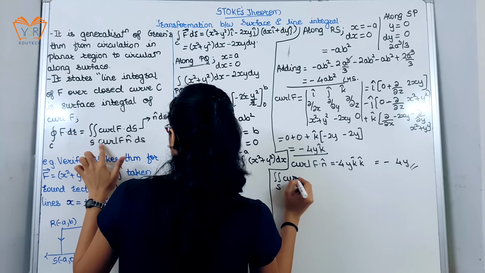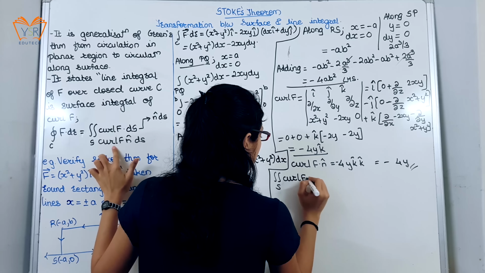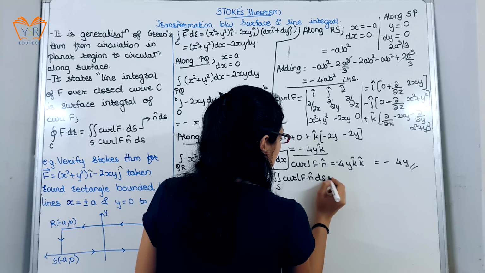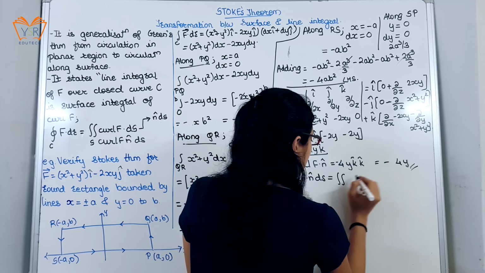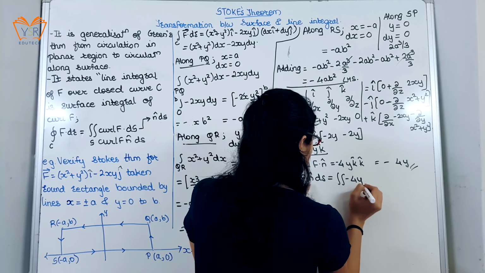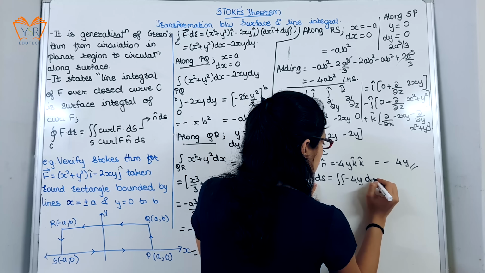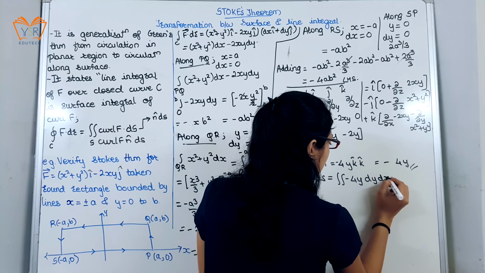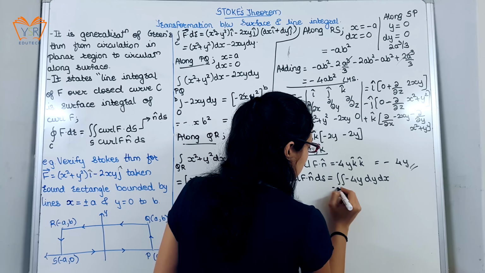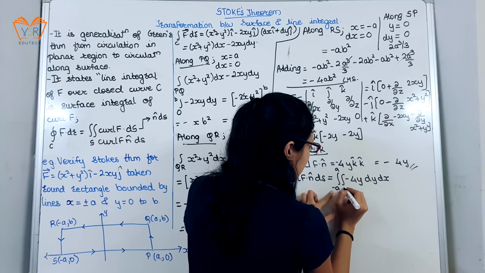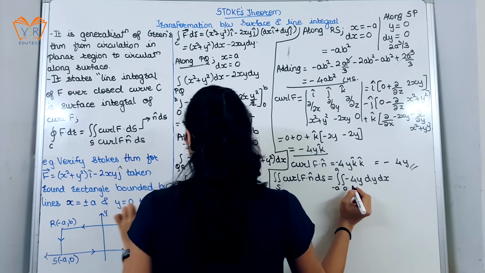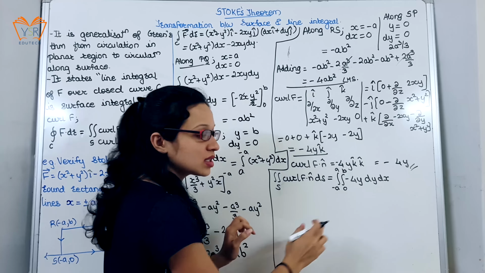The formula is curl F dot n cap ds. We have the value minus 4y. ds is dy dx, because the limits of x we will take from minus a to a and the limits of y are 0 to b.